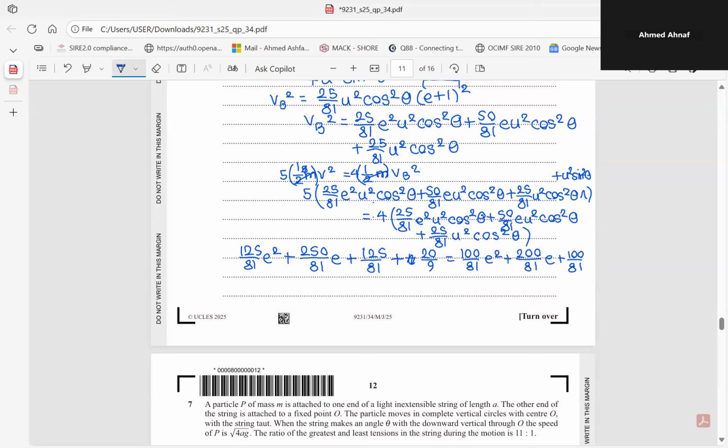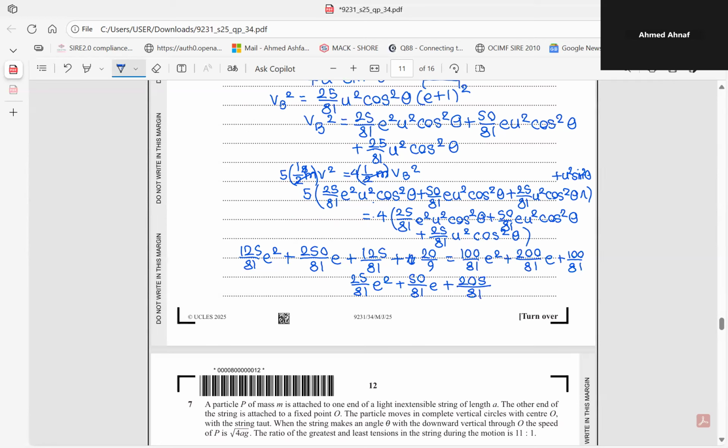Okay, we would get 25 over 81 e squared plus 50 over 81 e. 125 minus 180, sorry, plus 180 minus 100, you would get plus 205 over 81 close to 0.